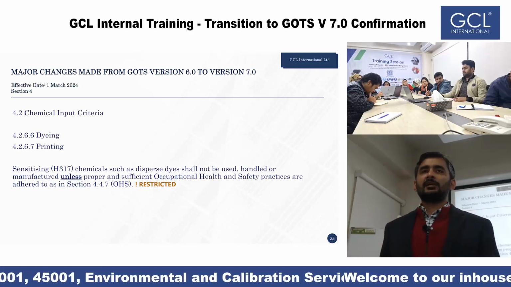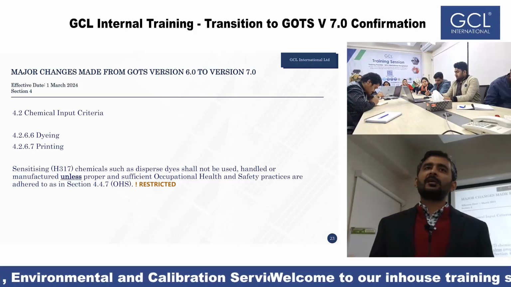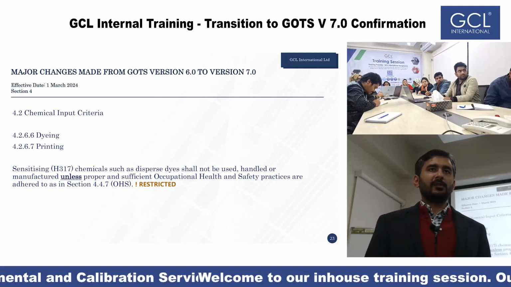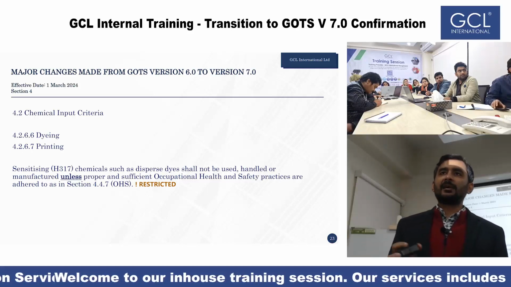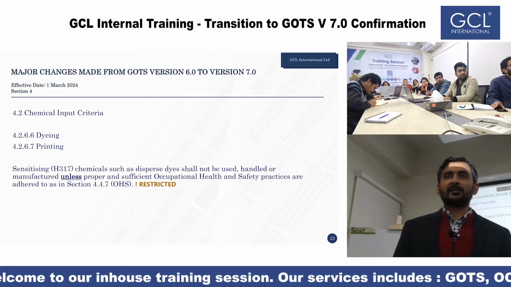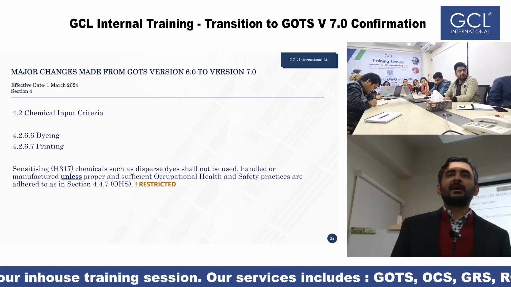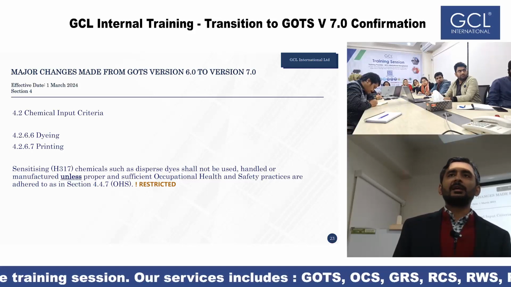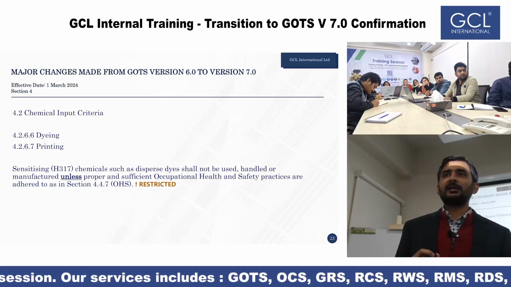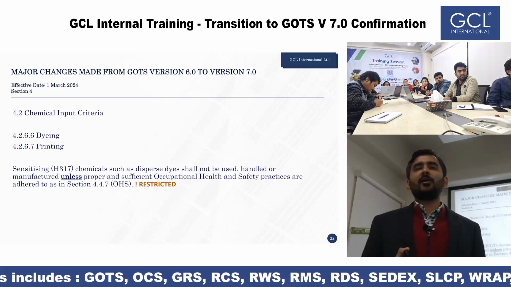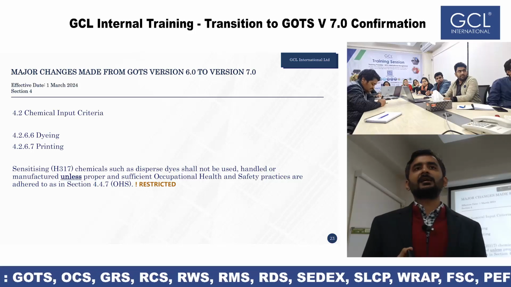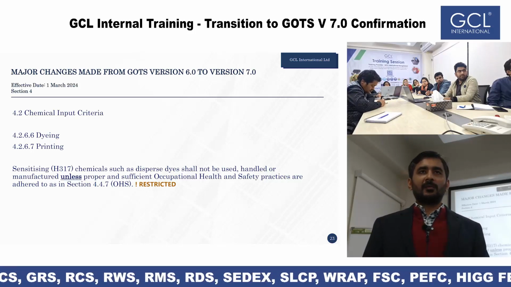The requirement was there in GOTS version 6.0, and it is also there in GOTS version 7.0. The only exemption GOTS has allowed in 7.0 is that if the chemical substance is sensitizing, for example disperse dye, it can be used only if the certified entity using this sensitizing substance has implemented all the applicable health and safety criteria indicated in GOTS version 7.0.